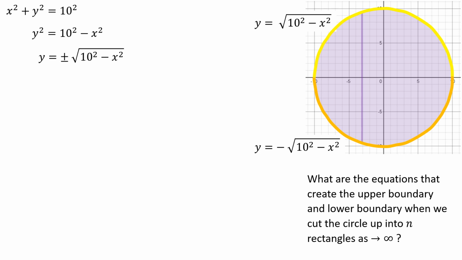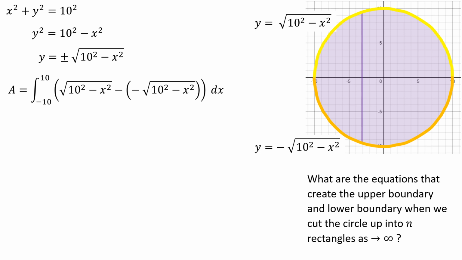And so to set up our integral for the area, we're going to integrate from negative 10 to positive 10, because that's the direction we need to go on the x-axis. And then we've got the upper boundary, subtract the lower boundary. Hey, subtract a negative.